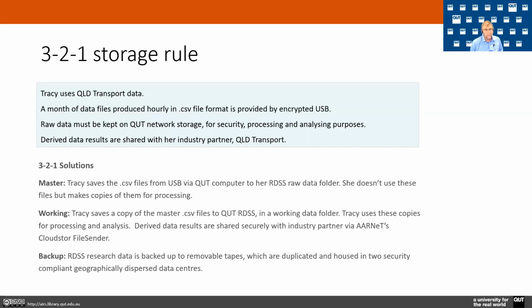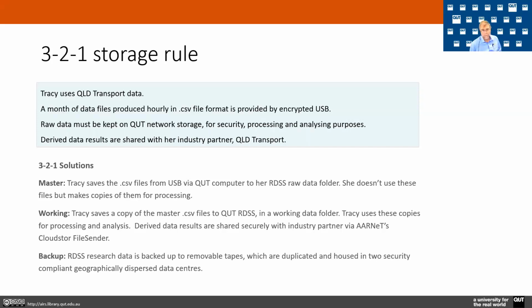Now we want you, for purposes of research integrity, to make sure that your research data is kept in Australia on QUT authorized systems. So we're talking about QUT network storage, typically the R drive, research data storage service.